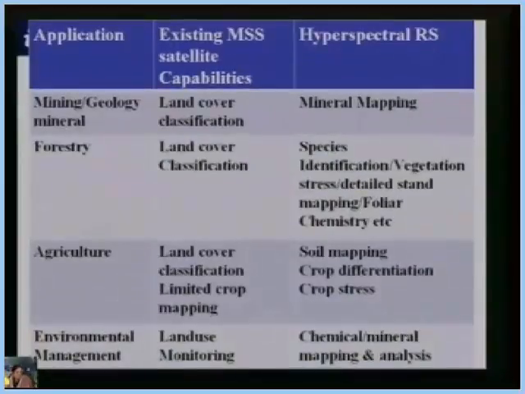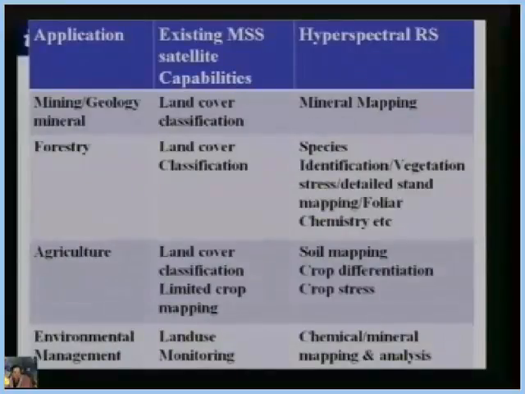In terms of forest applications, at present, with the existing multispectral, maybe the land cover classification at various classification levels, but with hyperspectral, we can have species identification, vegetation stress studies, detailed stand mapping, foliar chemistry, and many more.